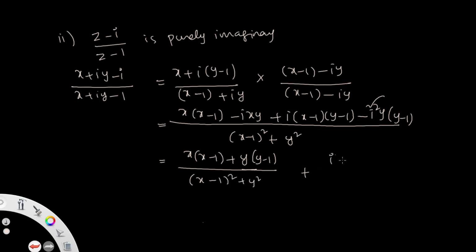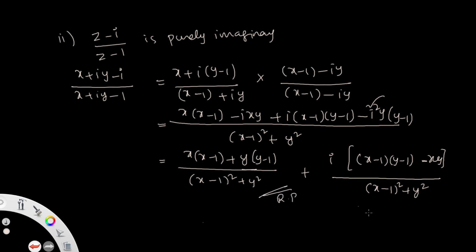And i times ((x minus 1)(y minus 1) minus xy) divided by (x minus 1) whole square plus y square is the imaginary part.